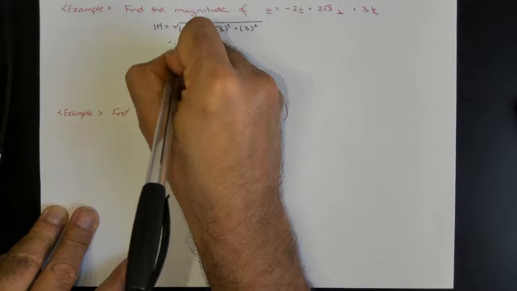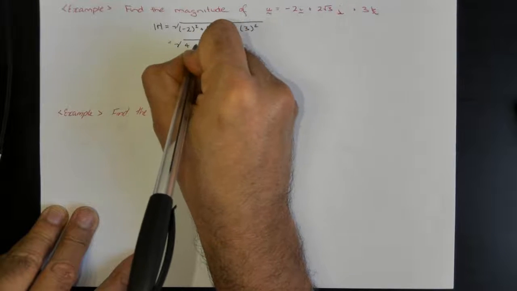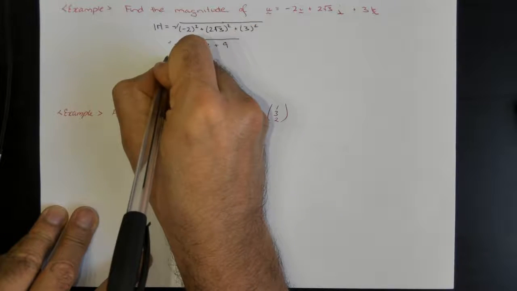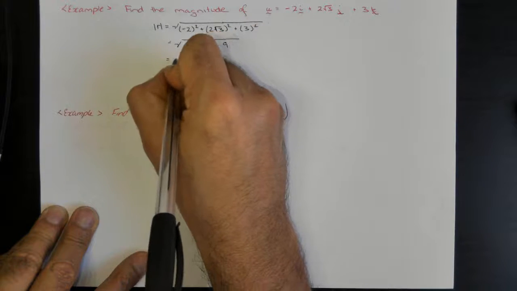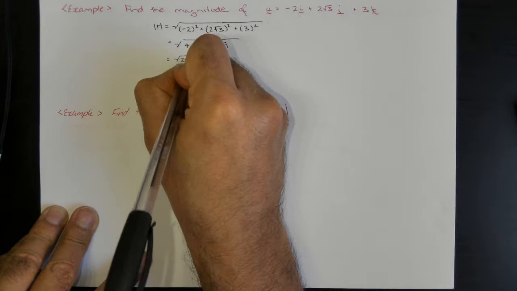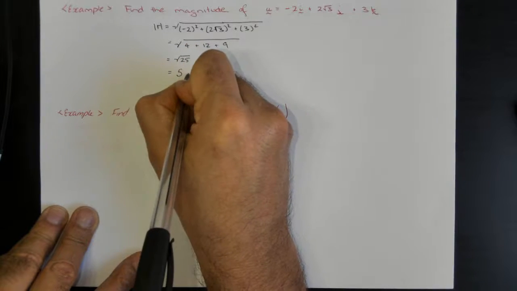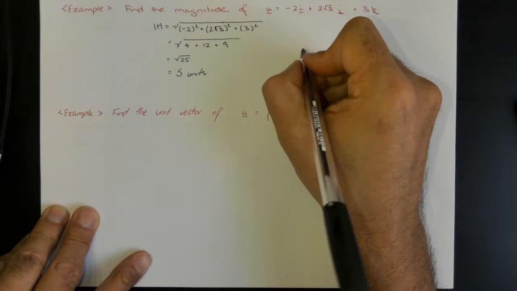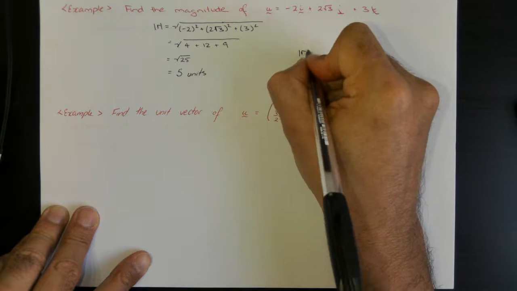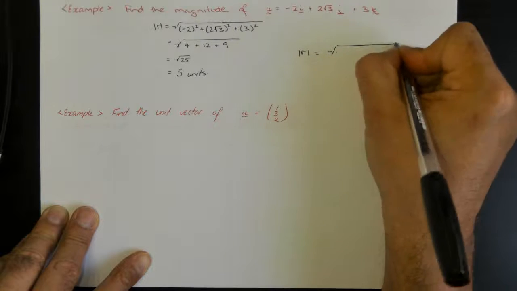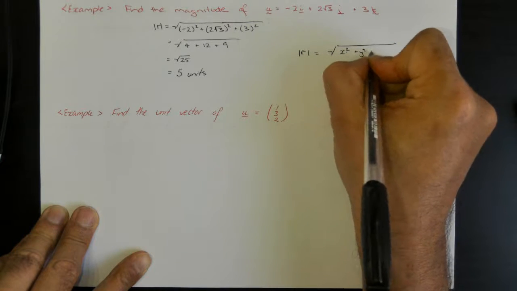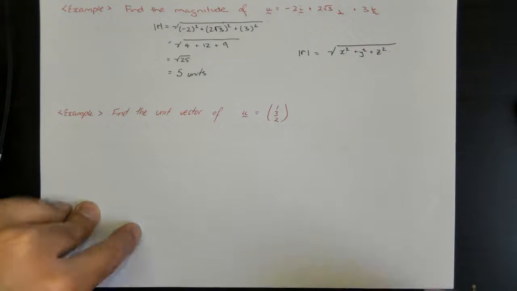So that's going to be 4 plus 12 plus 9, so 25. So it's going to be 5 units. Okay, that's using the formula that r is the square root of x squared plus y squared plus z squared.